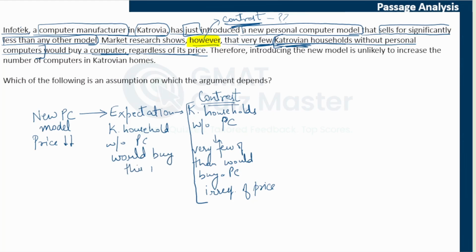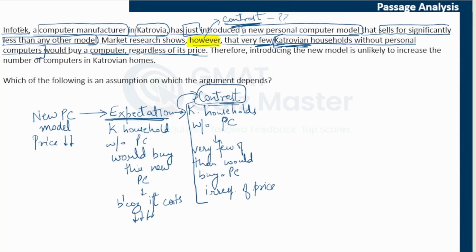Why? Because it costs significantly less compared to the other models. Because the market research shows that this expectation is not being met, it has been presented as a contrast here. So this is the logic used till here.